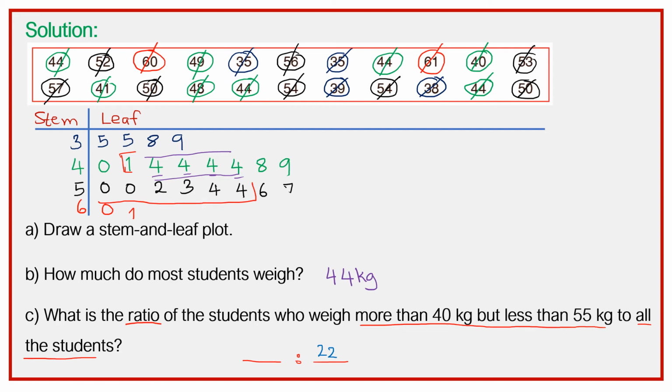So these are the students that we are talking about. So how many are they? Let's see. 1, 2, 3, 4, 5, 6, 7, 8, 9, 10, 11, 12, 13. So we say that the ratio is 13 to 22.